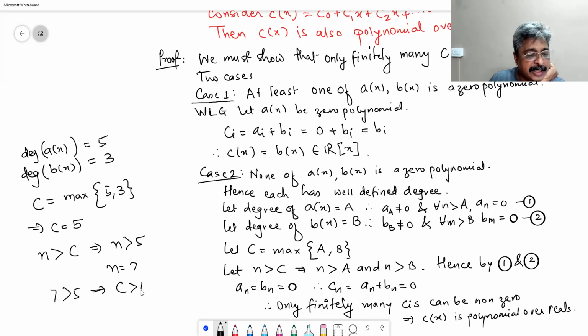Sorry, not C, n is greater than A. This implies n is greater than A. 7 is greater than 3, similarly n is greater than b. Every time it will happen because you are choosing the maximum amongst these two as C, and then n is still greater than C. Therefore, it will be greater than a as well as greater than b.